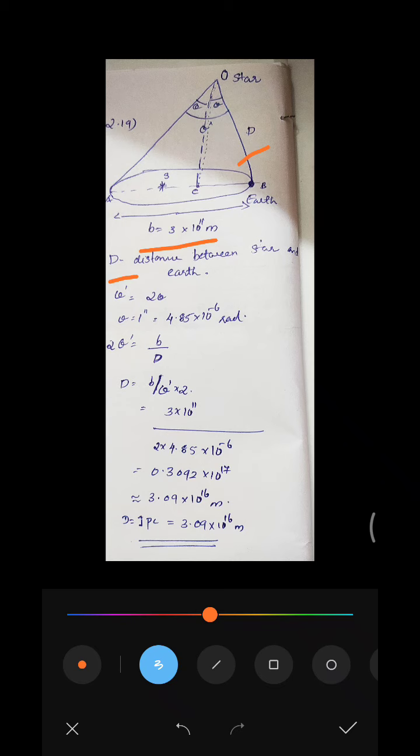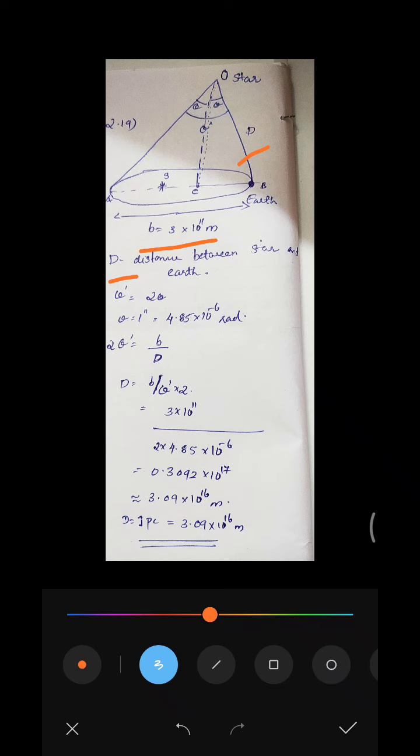We know that 2 theta dash, that is 2 theta, is equal to b by D. That means theta dash is equal to b by D. So D will be equal to b by theta dash into 2. Are you getting it or not?